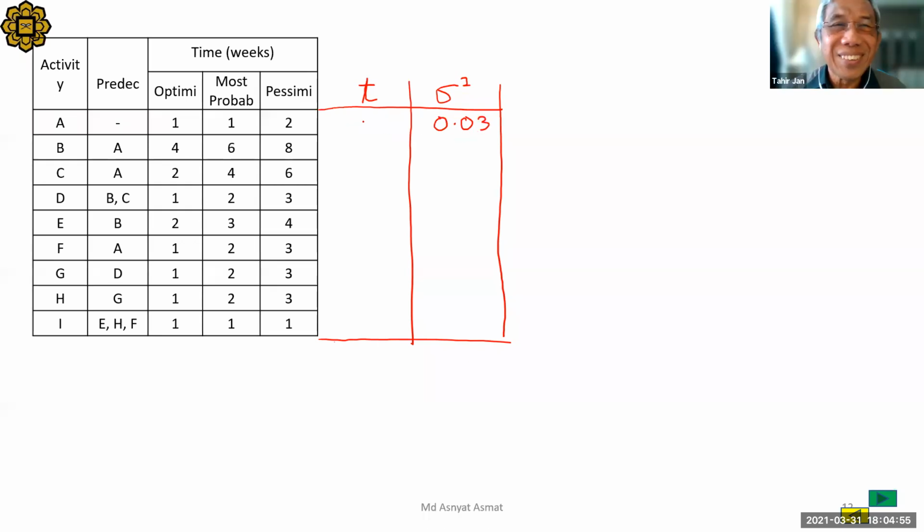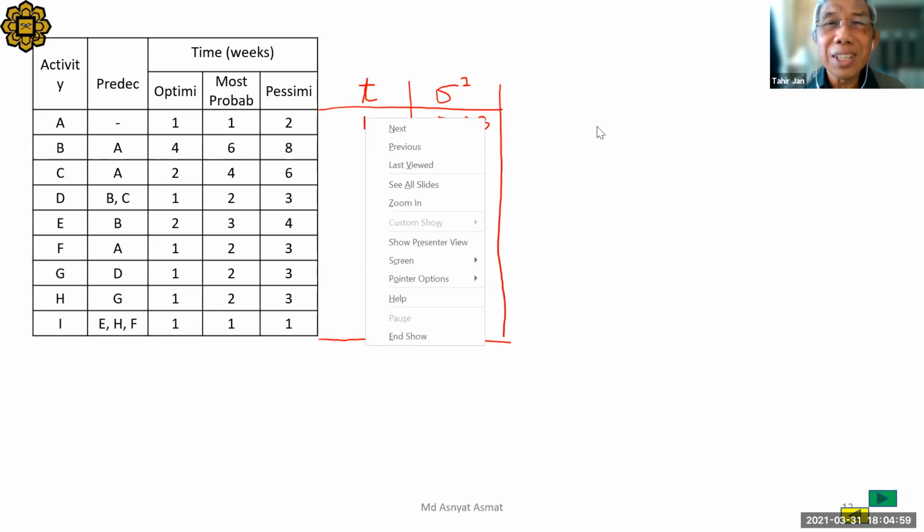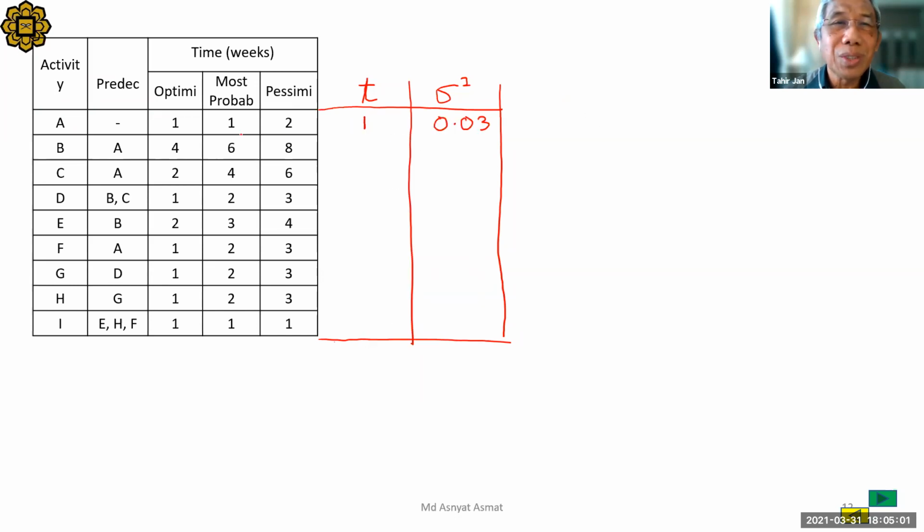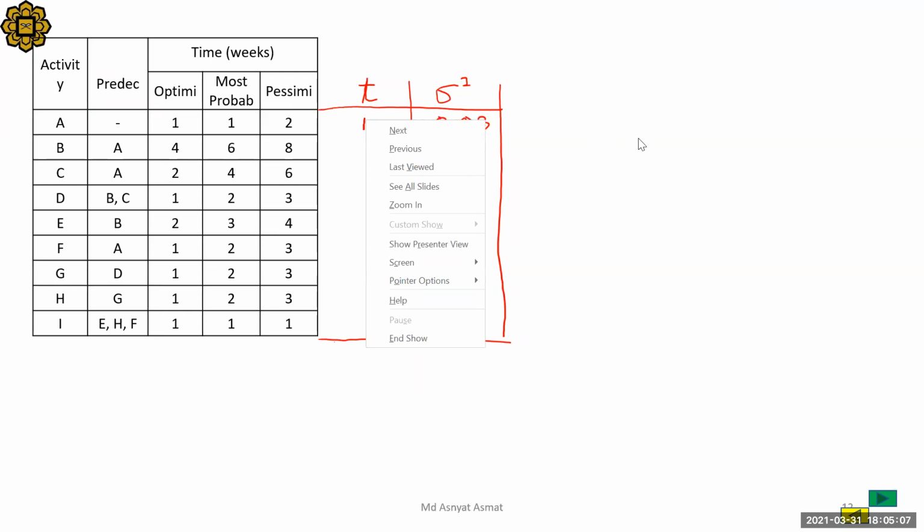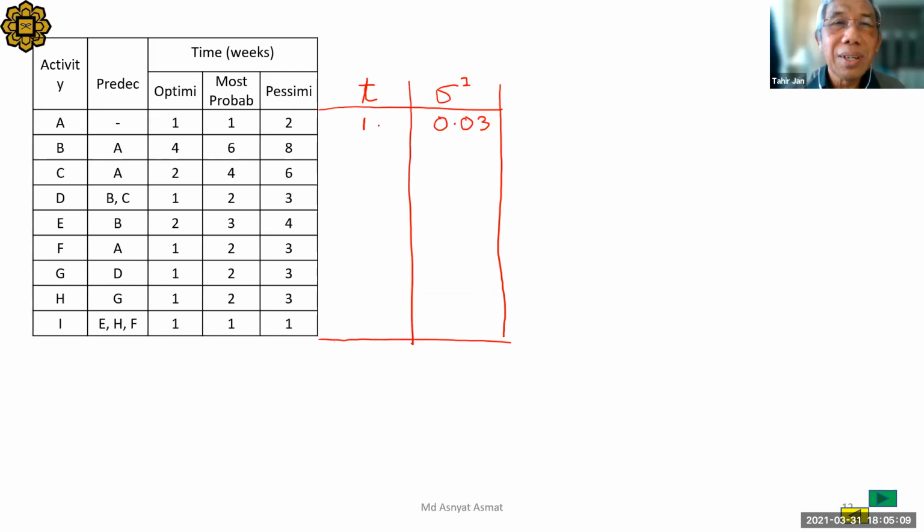I think you are done with T already. Here, 1 point something. I just want to round it off to the nearest number. 1.17. I don't want to use this number.